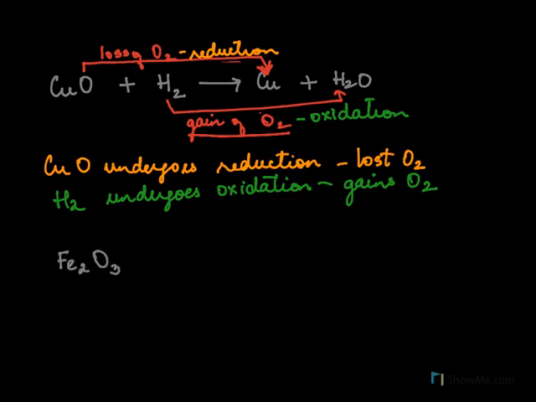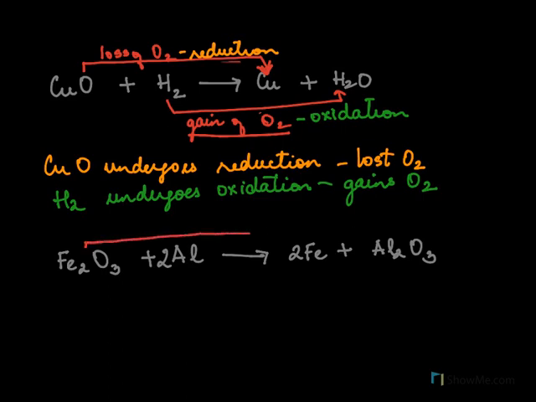For the next one we have iron oxide, Fe2O3, plus aluminium to give you aluminium oxide plus iron. Look at this reaction carefully. Fe2O3 changes to Fe. Observe what is happening. There is a loss of oxygen. And aluminium changes to Al2O3.